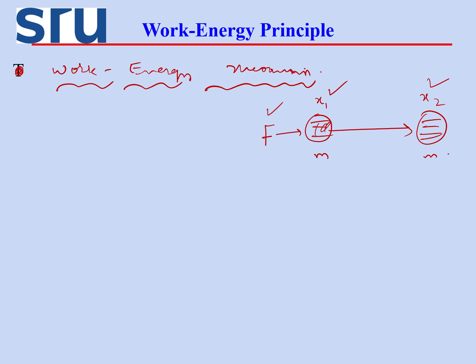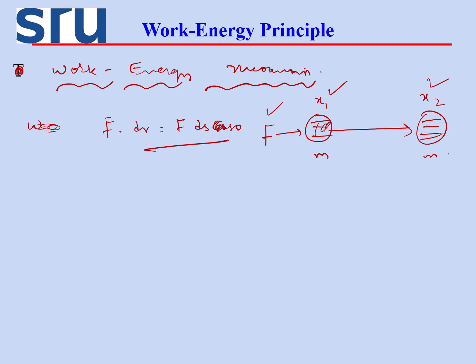So initially we consider the small amount of work done. That is F dot dr, which is nothing but F dr cos theta.